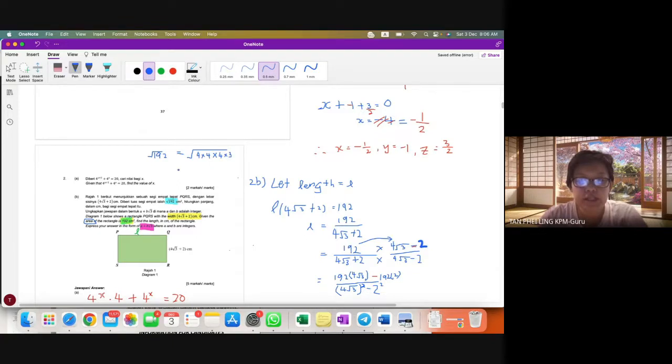When you do the factorization like that, you can separate them: square root 4 times square root 4 times square root 4 times square root 3.